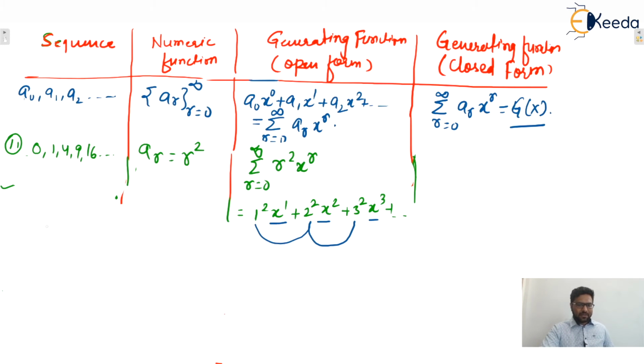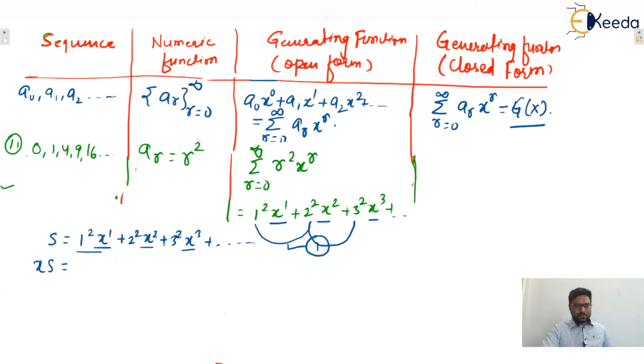One simple one is there. Let's say s equals 1 square x power 1 plus 2 square x square plus 3 square x cube, up to infinity. Let us consider this is equation 1. Whatever be the GP series, the common ratio in that GP series is x. So multiply the whole equation by x, giving xs.